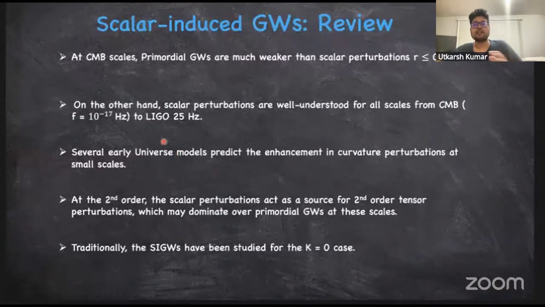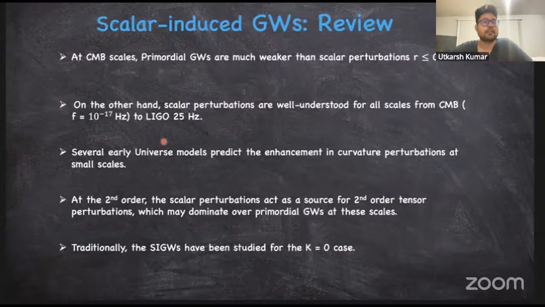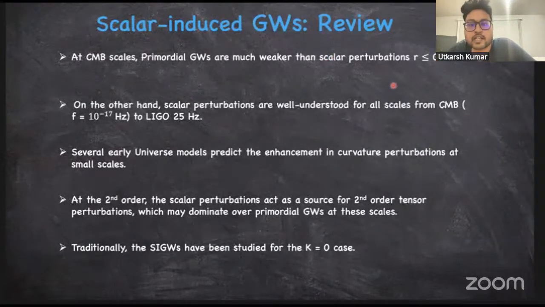So now we will briefly review what scalar induced gravitational waves are. As we know, at CMB scales, primordial gravitational waves are much weaker compared to the scalar perturbations. The constraint on the tensor to scalar ratio is bound by the following number.